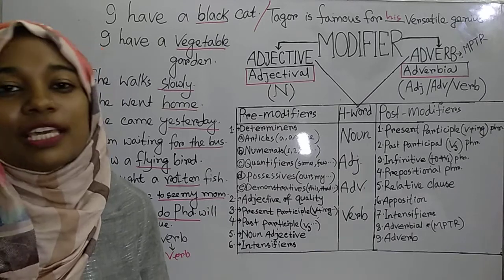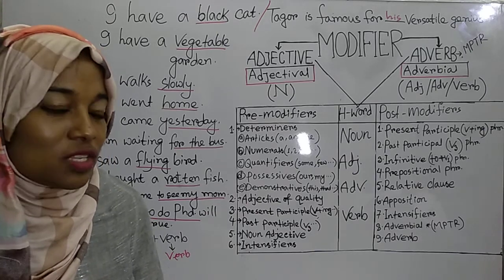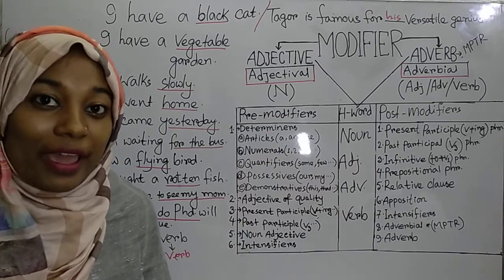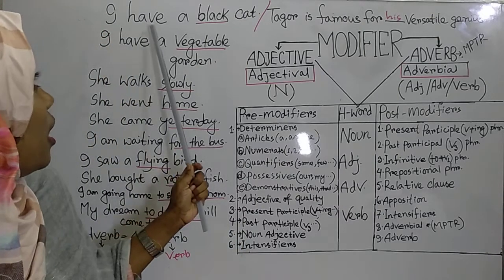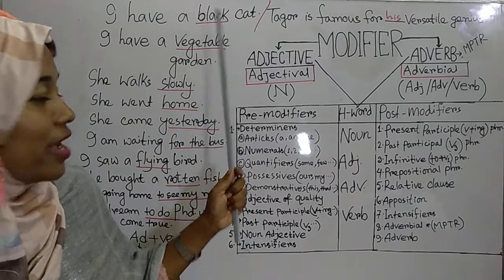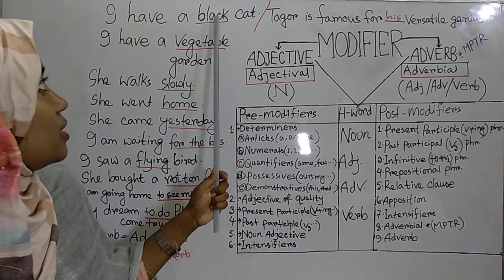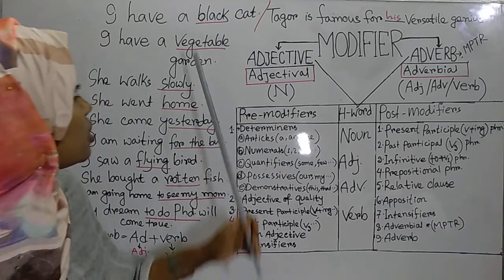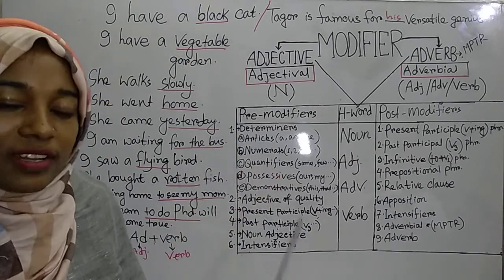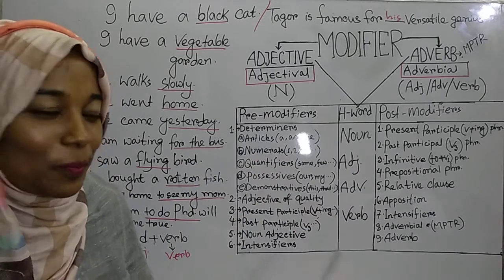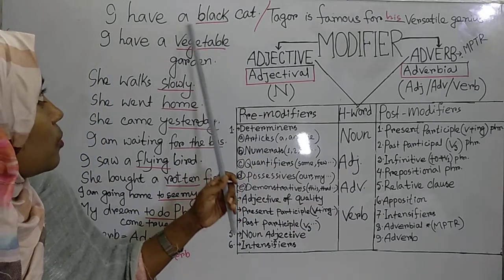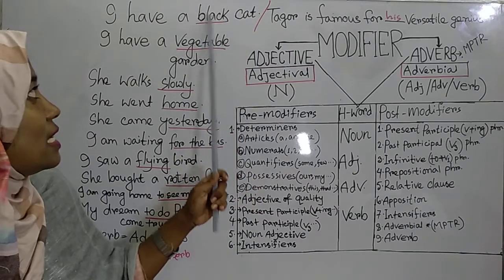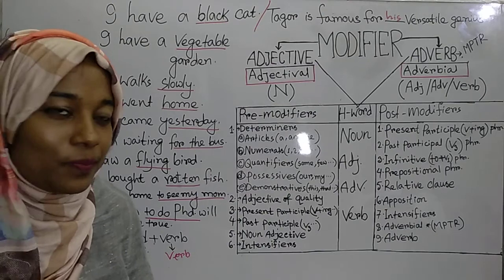An adjective is a word that limits the meaning of a noun, as I have a black cat. Here the word black draws our attention to a particular cat, not any cat. Here the word black limits the meaning of cat, so it is an adjective here.